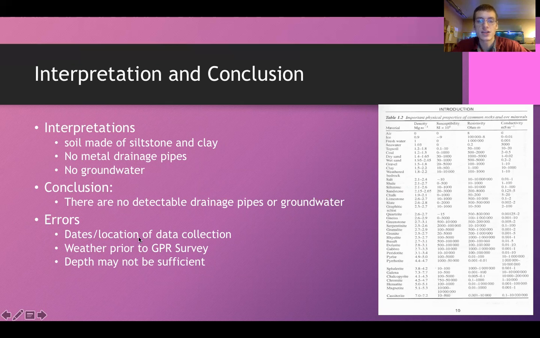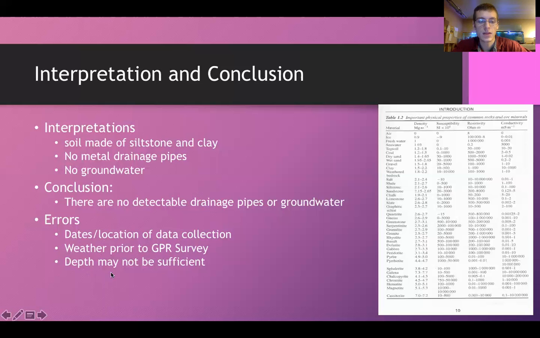Being offset by just a foot or so caused an issue with exact locations of the data collection. And then one of my GPR surveys was taken just a few days after a light rain shower, which is why one of my surveys seems more difficult to interpret than the other, because one of them is more blank while the other one has more defined lines. I believe the weather probably had something to do with that.